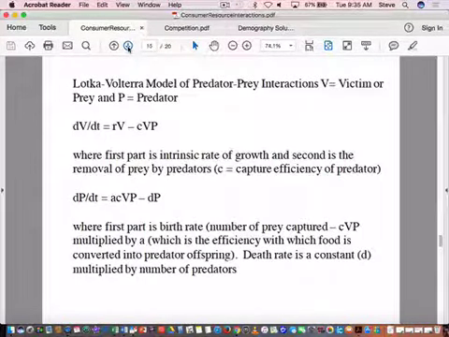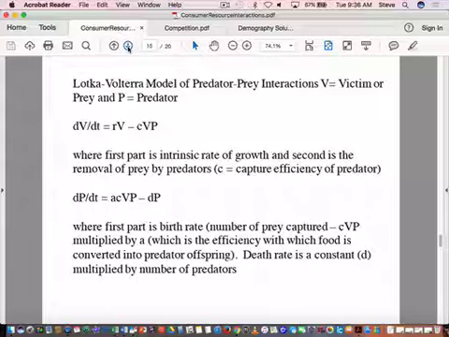Here we go. So you're going to be doing the lab next week. You're going to be looking at what are called predator-prey isoclines. This was a group of Russian scientists, about 1918, 1920, who developed this model. It was Lotka and Volterra, and they developed a model of predator-prey interactions. And we're going to define very simply, prey are going to be V, for victim or prey, and big P is the predator.